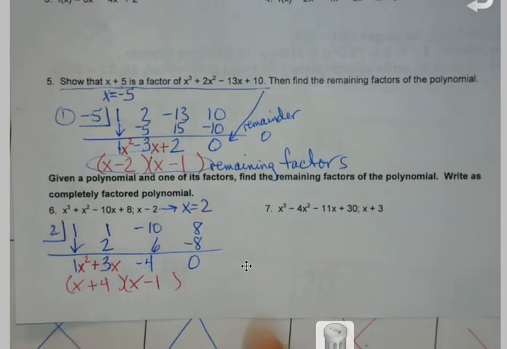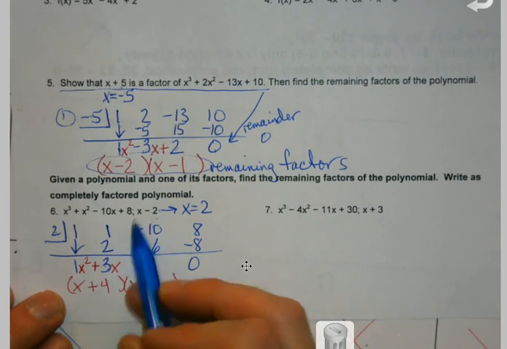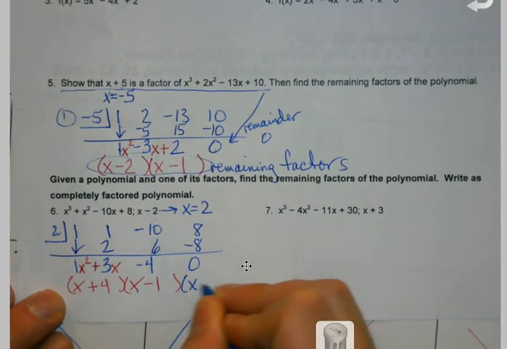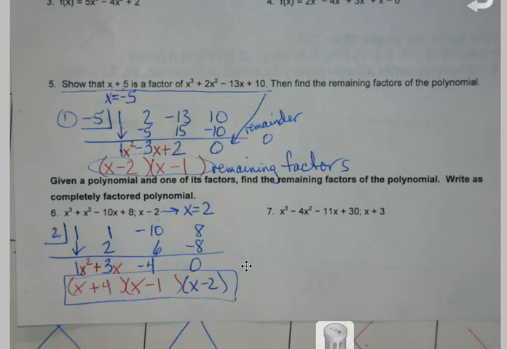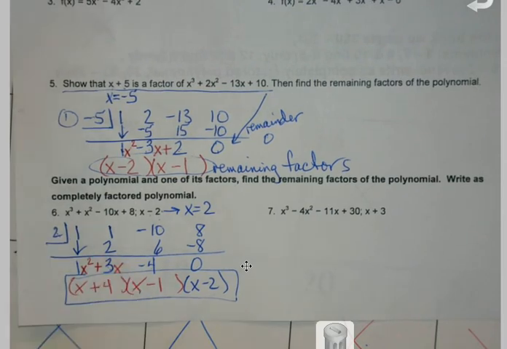And it says write as a completely factored polynomial, which means here's my first two, and I'll bring that one they gave me at the start back down and put it in. And that would be my completely factored polynomial for this one. Because if I were to multiply all this out, I would get the original polynomial back, which is what we're attempting to do here.